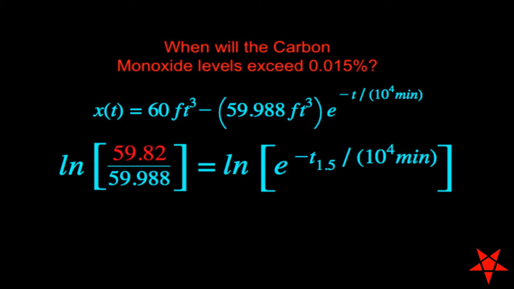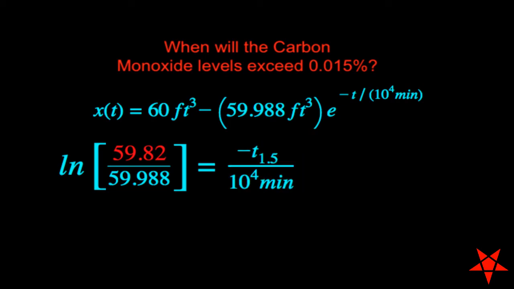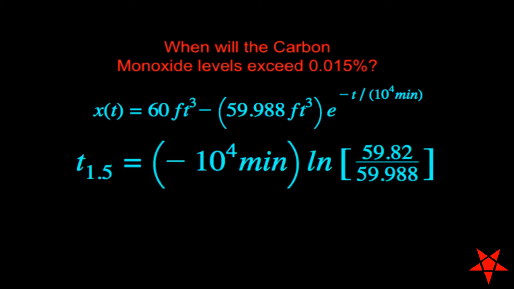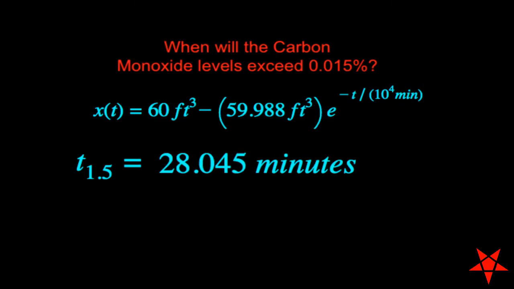Taking the natural log of both sides, we can eliminate the exponential on the right, and we're left with negative t sub 1.5 divided by 10 to the 4th minutes. From there, we multiply through by the appropriate constants, and we have a figure that tells us when the carbon monoxide will reach 0.015% concentration.